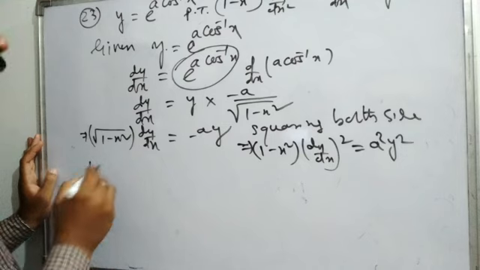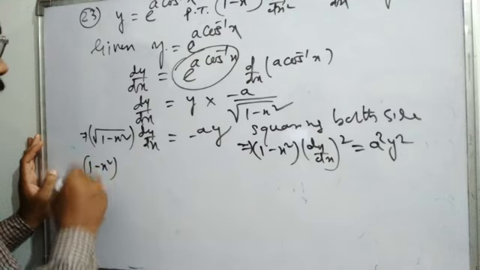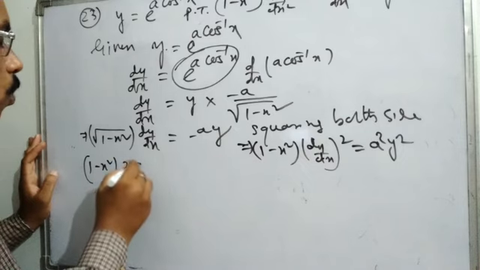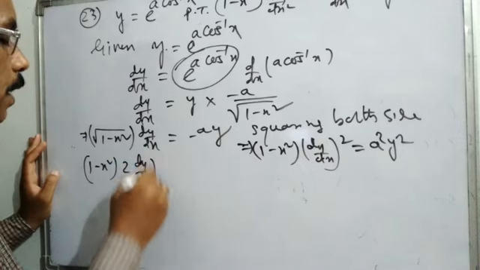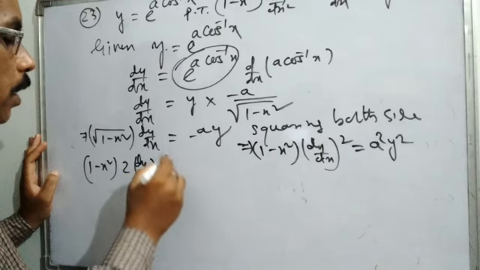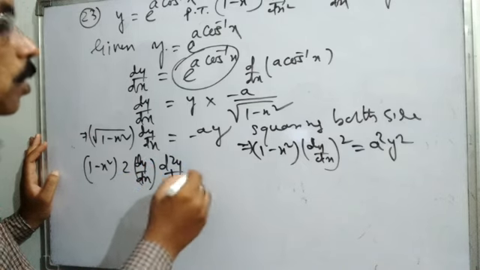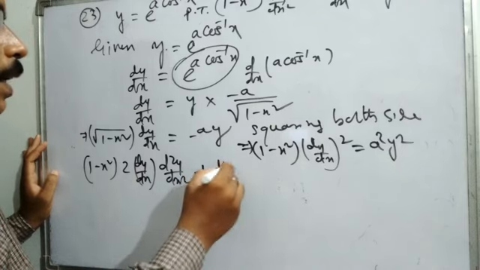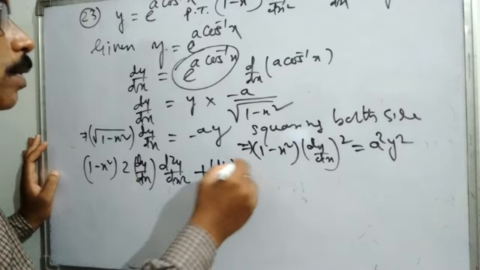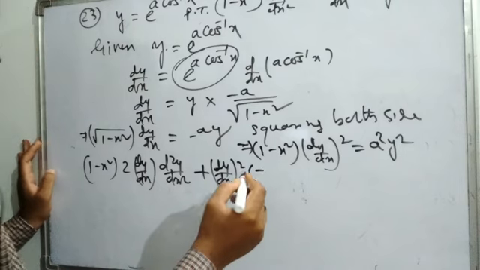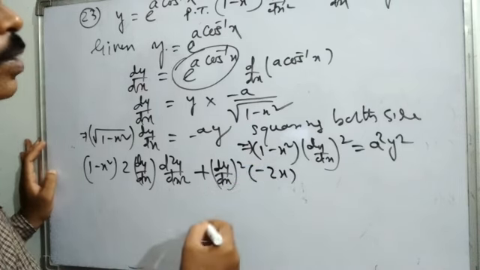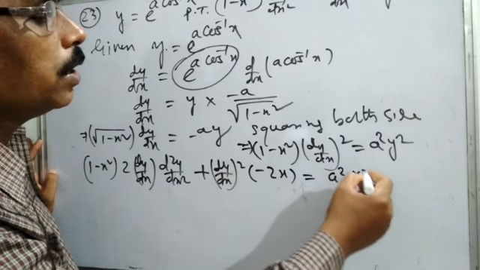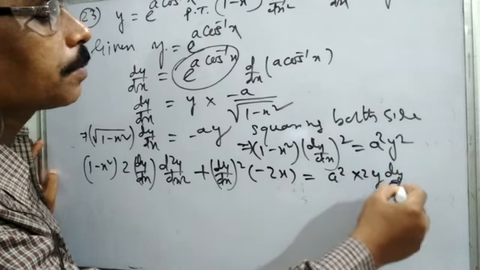Then using the product rule, taking 1 minus x square constant, (dy by dx) whole square derivative is 2 into dy by dx into d2y by dx2, plus taking (dy by dx) whole square constant, the derivative of 1 minus x square is minus 2x. And on this side, a square constant, the derivative of y square is 2y into dy by dx.